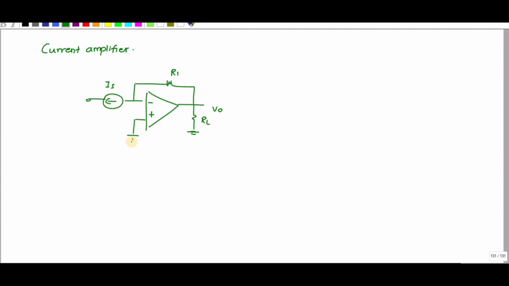The current flowing through this one, let me assume, is I2, and this one is IS.